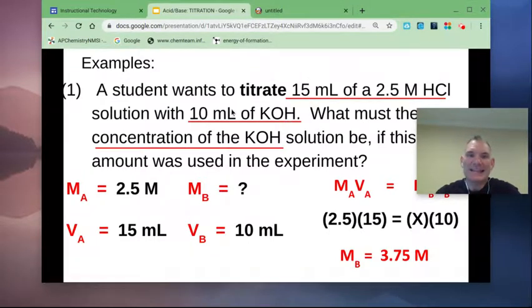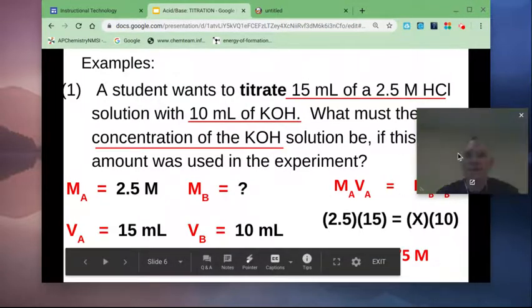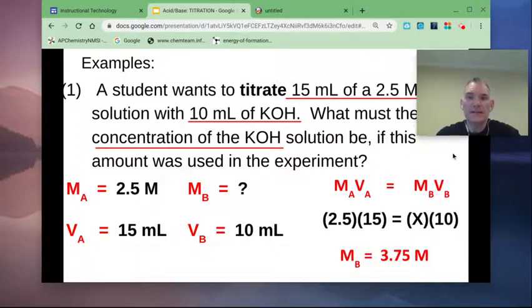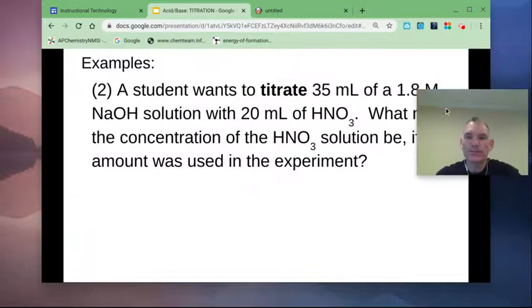Notice that the amounts we're using are kind of close together, but I have a little bit more of my acid and a little less of my base. So my molarity is going to be pretty similar, and they are, 2.5 and 3.75, not much of a difference there. Okay, let's take a look at example number 2.